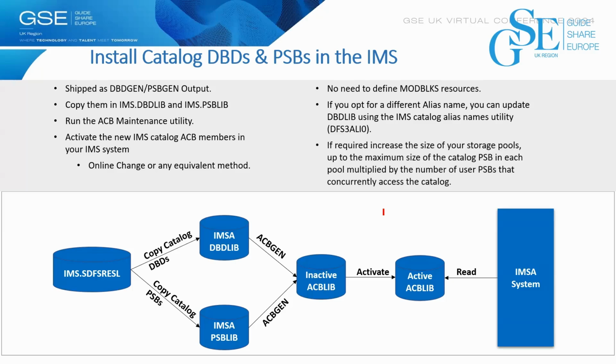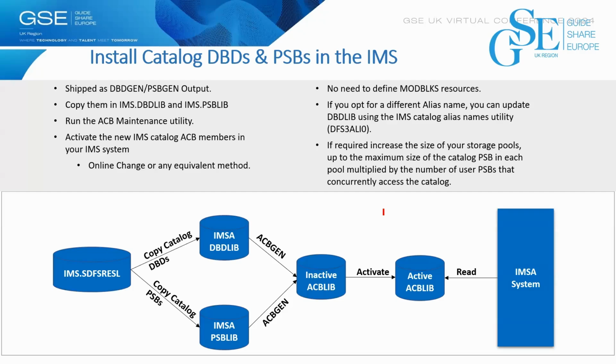Optionally, you might also need to increase the size of your storage pools up to the maximum size of the catalog PSB in each pool, multiplied by the number of user PSBs that concurrently access the catalog.